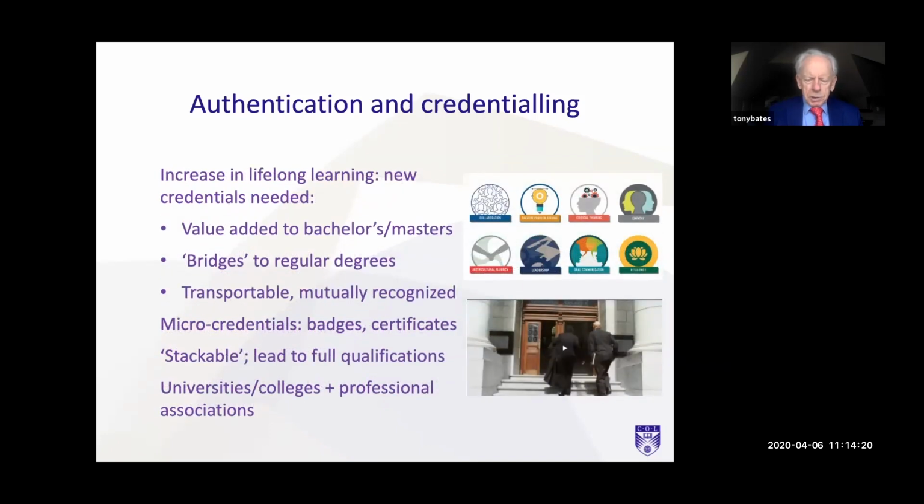With the increase in lifelong learning, with adults coming back wanting more qualifications, there's been a demand for new kinds of credentials. What students need then is some kind of recognition if they've added value to their bachelor's or master's program, if they've done extra courses since they graduated.